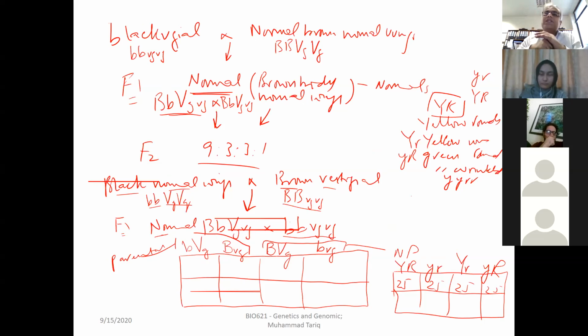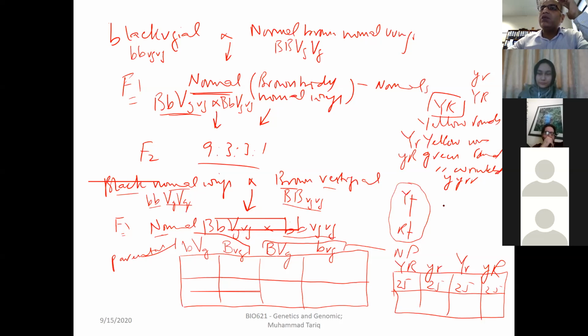They postulated a question: can it be that Mendel's yellow and round or wrinkled traits could be on different chromosomes, and what we are working on, black and vestigial, could be on the same chromosome? This is what they postulated. If genes are on independent chromosomes, we get 25% each, or 1:1:1:1 ratio, which eventually results in the 9:3:3:1 ratio.